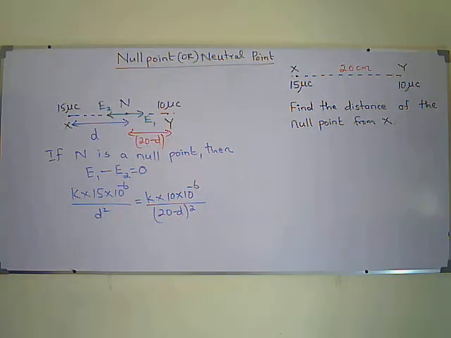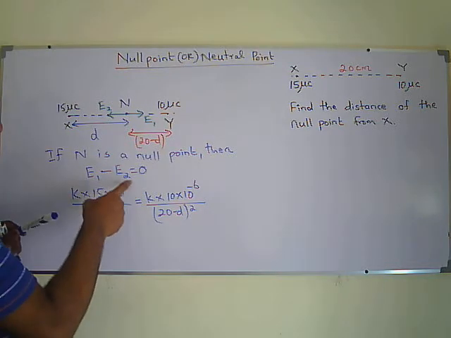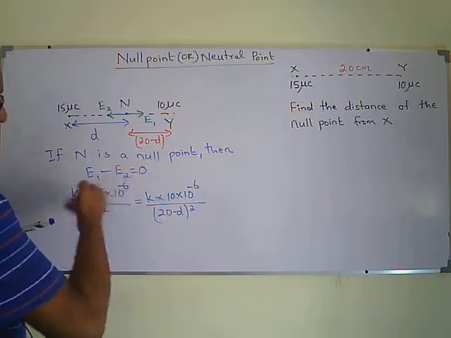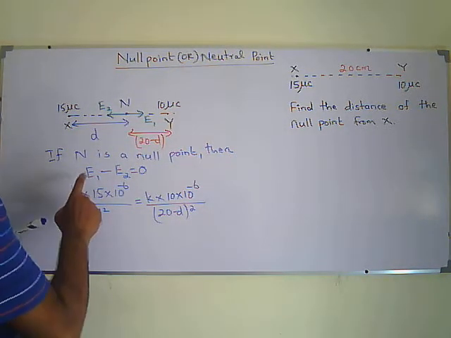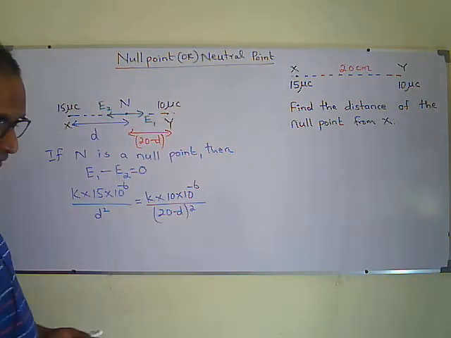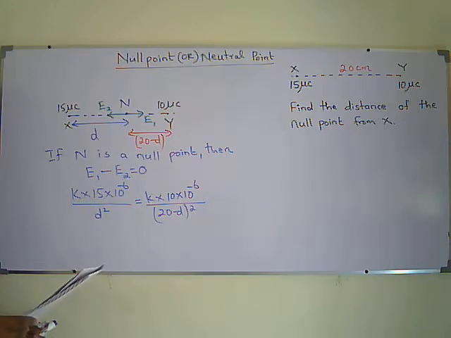So you know how to solve this simple equation. K and K will get cancelled, 10 to the power minus 6 on both sides will get cancelled. Then 15 and 10, both sides I can divide by 5, so it will become 3 and 2. Anyway, you know how to solve them. After that you can cross multiply and take the square root on both sides.